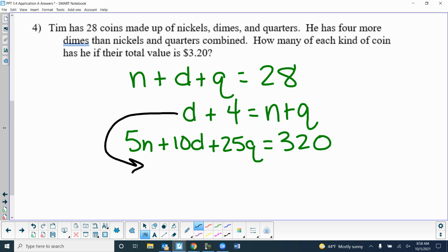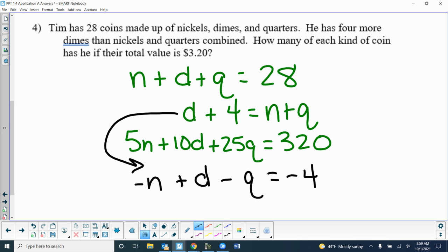All right, what happens to the nickels? Negative nickels. Plus dime, negative quarters. Then the 4 went to that side. What happens to it? That's negative 4. I might have did that wrong. I did do that wrong.